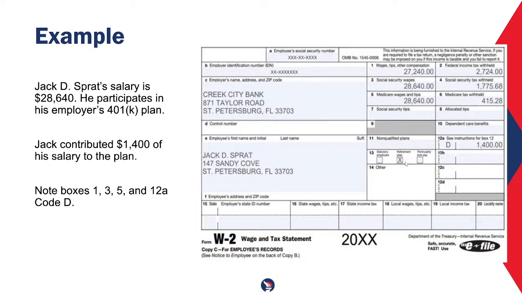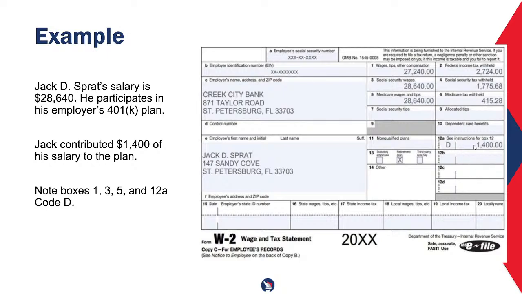Let's talk about a couple of boxes in this section because they're not really covered well, the way that I'd like to, for future reference. So we can see here, yes, box 13 retirement plan is checked, and we can see that we're participating in it. But we can also have this box checked and have nothing over here, meaning that we were covered by a retirement plan at work.